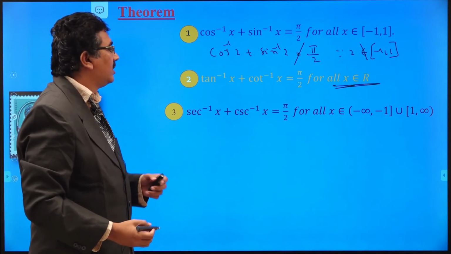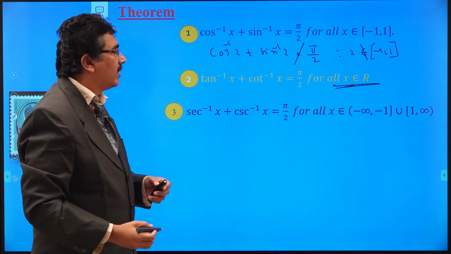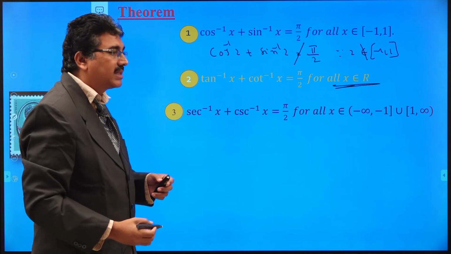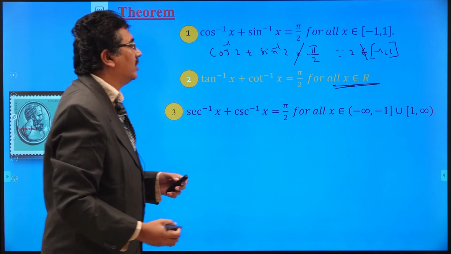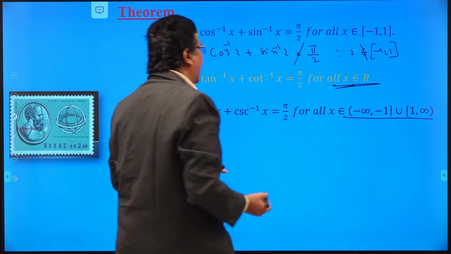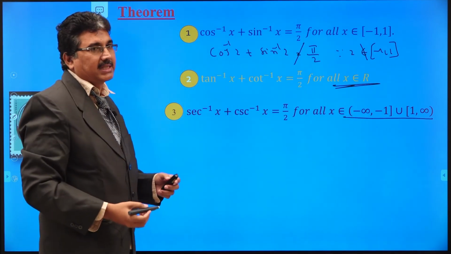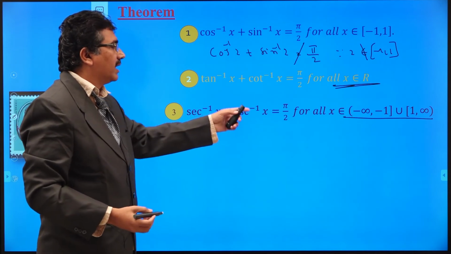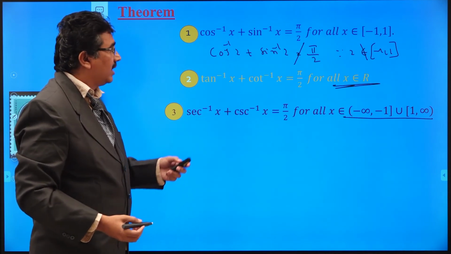This is also, secant inverse x plus cosecant inverse x is equal to pi by 2 for all x belonging to the domain of the LHS, the domain of these two functions.